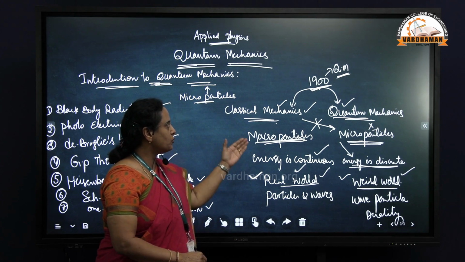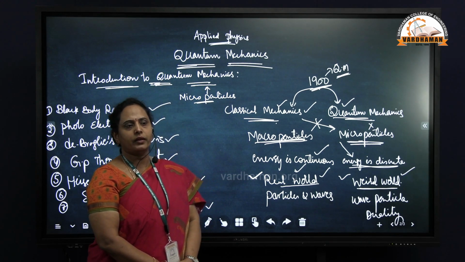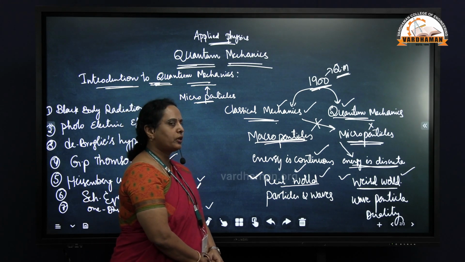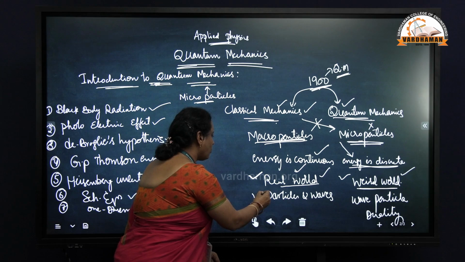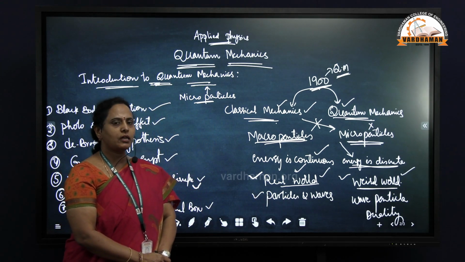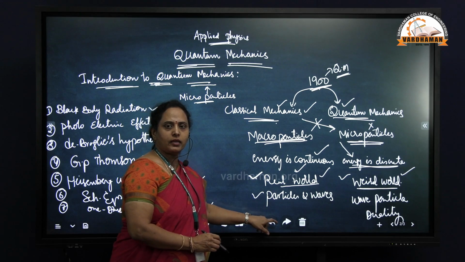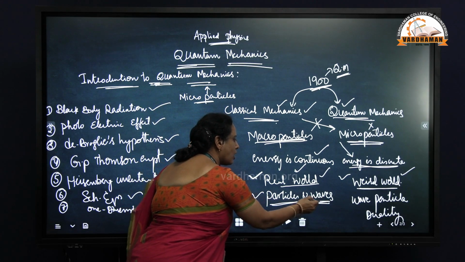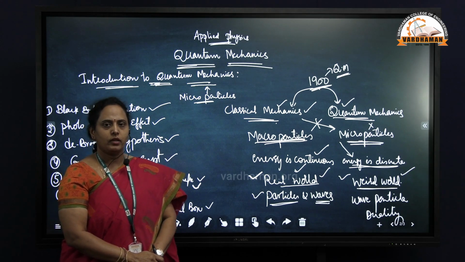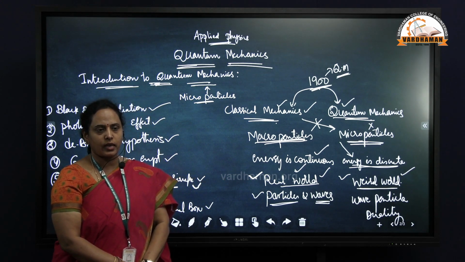That is one of the reasons why classical mechanics failed to explain the properties and characteristics of tiny particles. Not only that, one more major difference between classical mechanics and quantum mechanics is that classical mechanics understands particles and waves as two different entities. Particle is on one side and waves are on the other side.